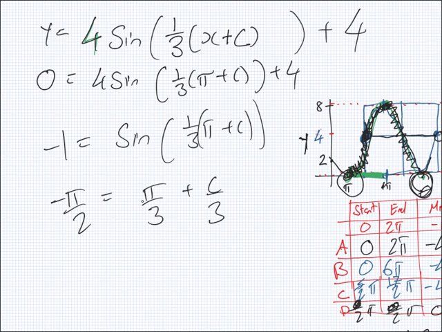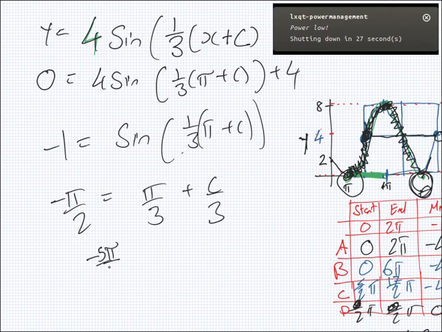So, what is minus pi over 2 minus pi over 3, please? Minus 5 pi over 6. Don't let that battery go. 5 pi over 6. How much time do I have? 20 seconds, alright. Stay calm.